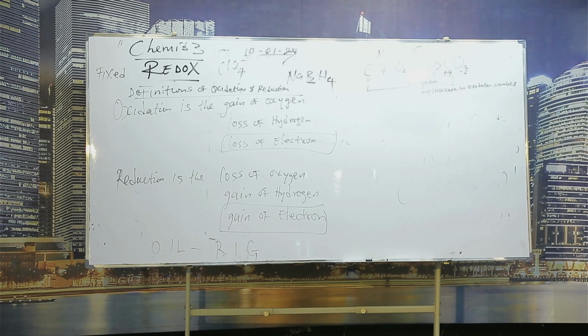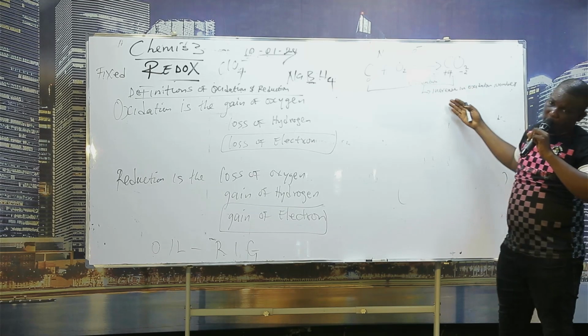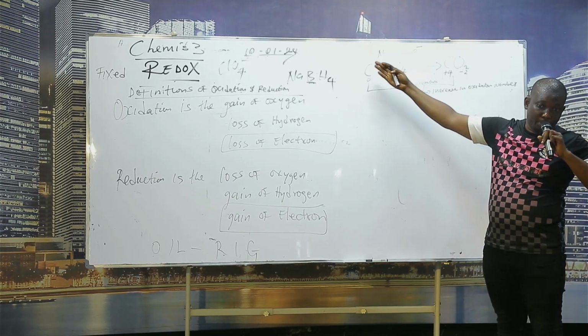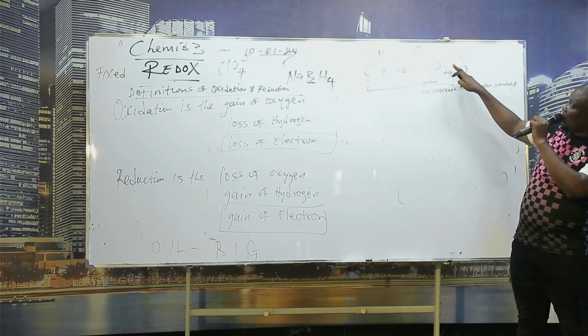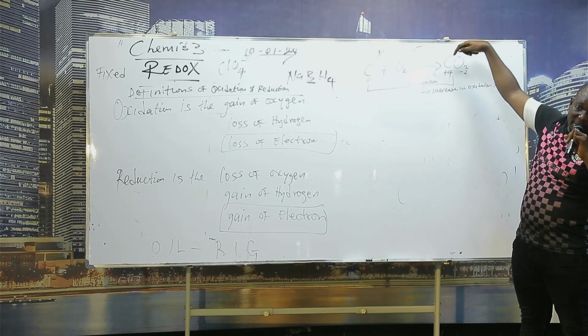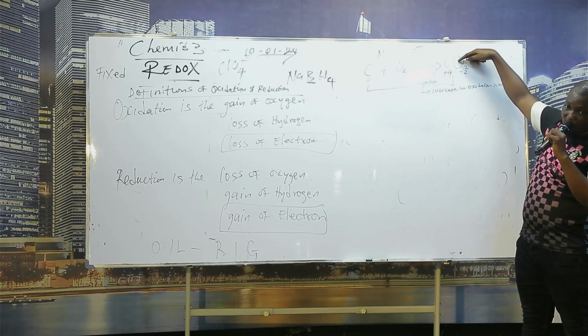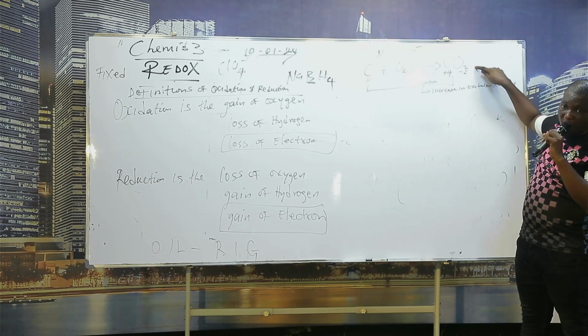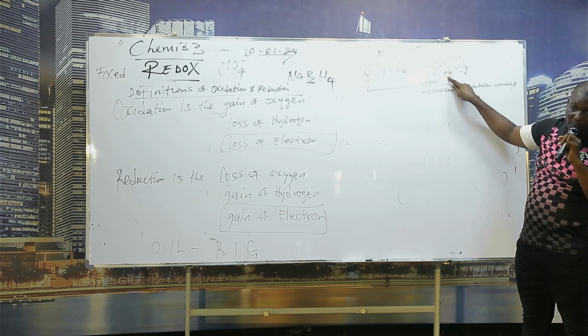Listen, please. Based on the rules given to you now, why is this carbon 0? Because it is uncombined. But the sum of these two is also 0. But the combined state of oxygen is what? Minus 2. Times these 2. What do you get here? Minus 4. Carbon is now plus 4, isn't it?